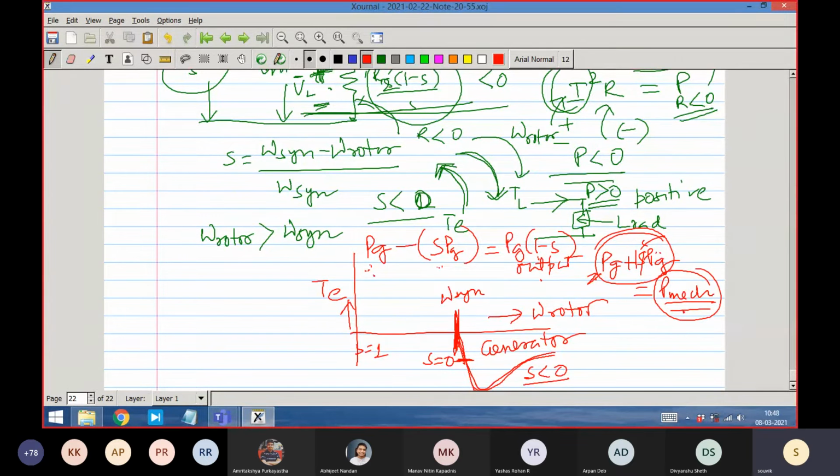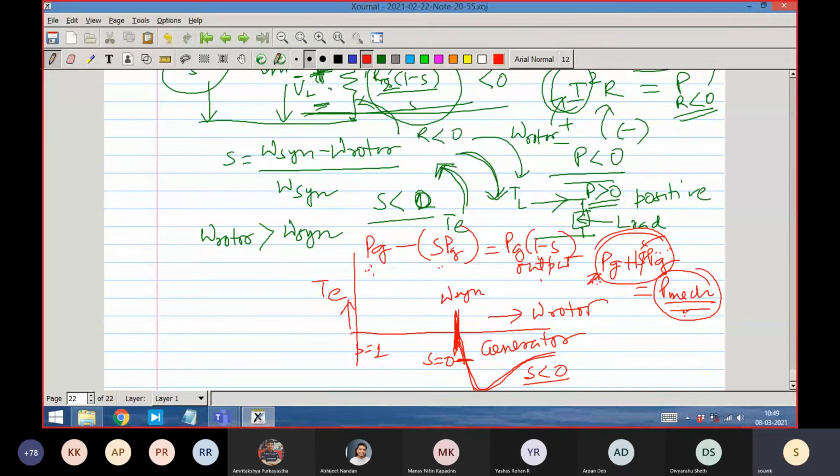In this case, if you think of the mechanical power as the input, that's why it is more. Mechanical power is more than the amount of power that is converted into electrical power, because it has to supply not only the electrical power but also the copper loss. That is the way the equations are framed. The physical meaning of this thing is there.